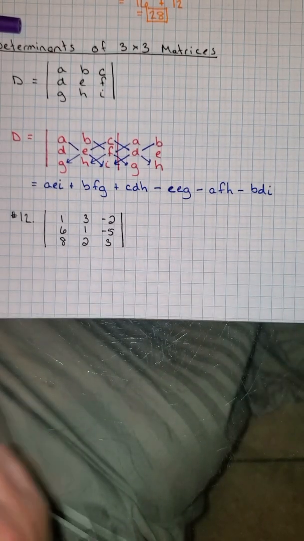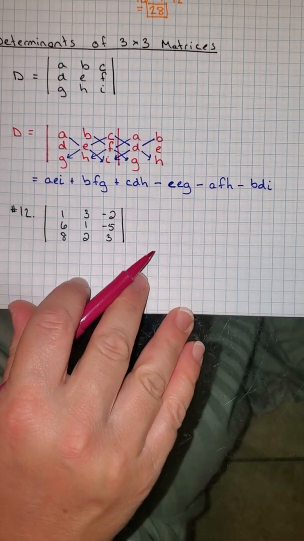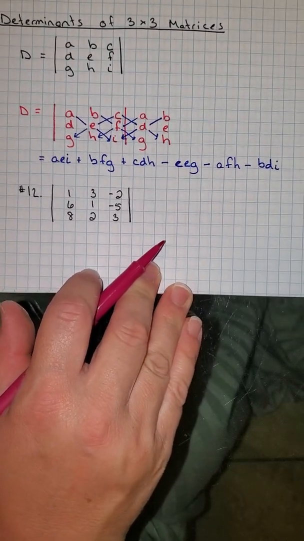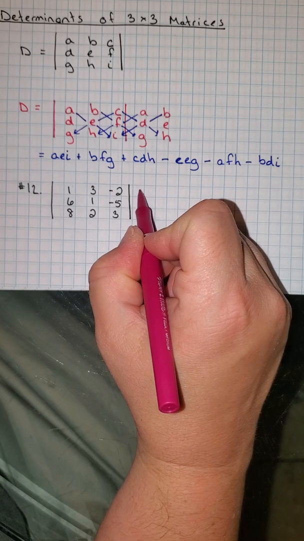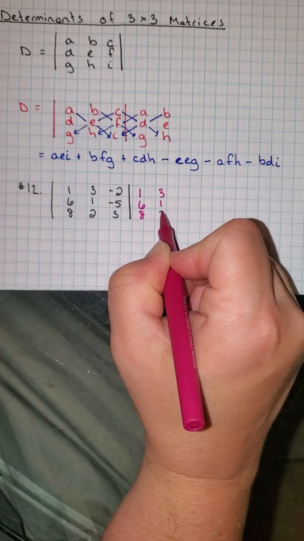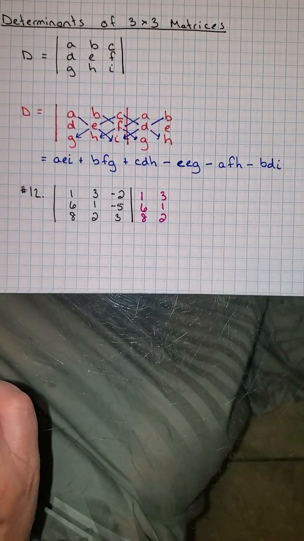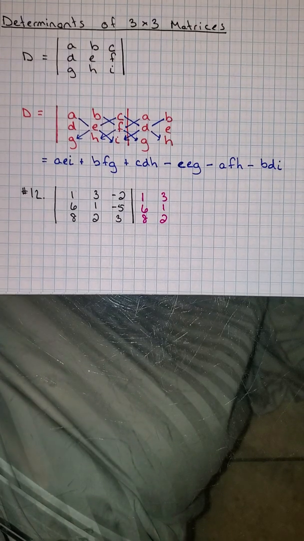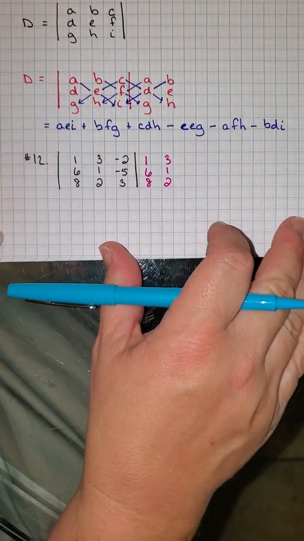So what we're going to do is take those first 2 columns and put them on the outside. So 1, 6, 8 is going to come out here, and then 3, 1, 2 will be right after it.